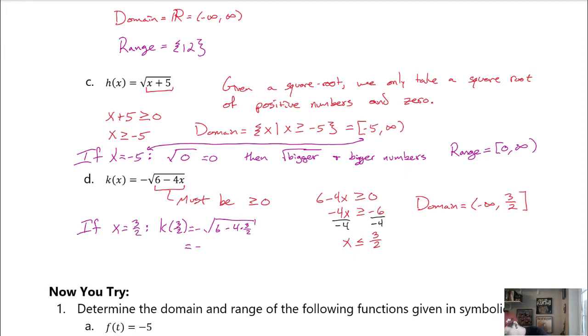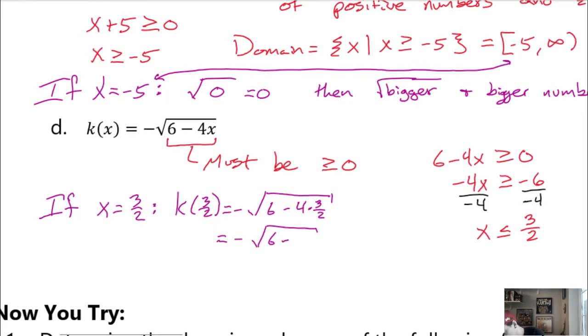The 4 and the 2 reduce to a 2. So I'll show the arithmetic I'm doing here. Cancel the 4 and the 2 to a 1 and a 2. So we get a 6 there. 2 times 3 is 6. And so we get that this equals negative the square root of 0. So that's just 0. So we can get 0 out of this.